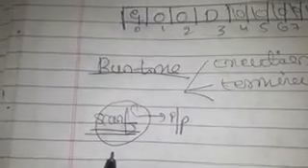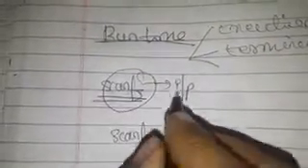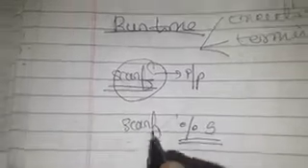How will it be mentioned? If I use scanf for reading strings, I should use the %s format specifier. For integers I will be using %d, for characters %c, for float %f, like that. For strings I should use %s.